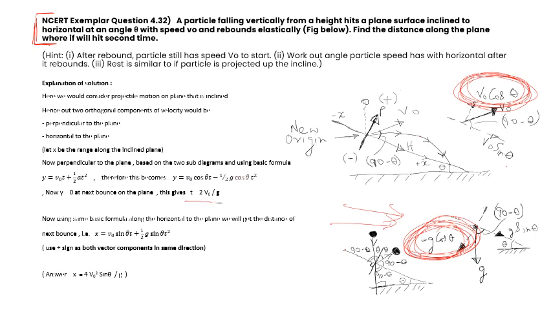Now, once we know this, we have to find the horizontal. Now look at the diagram again. We have to find the horizontal distance that this object will travel, right? And that can be known if we know the velocity along this plane and apply a formula related to that plane.